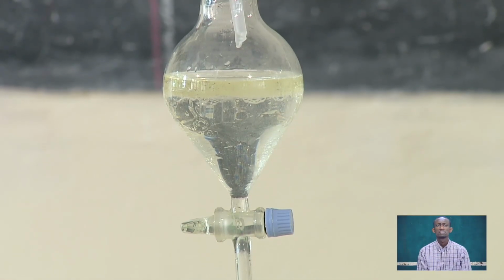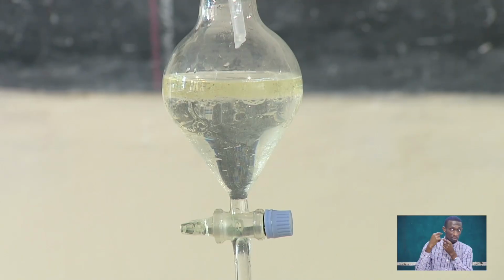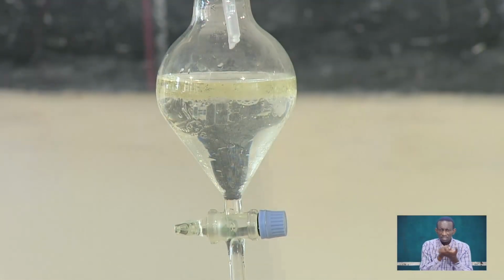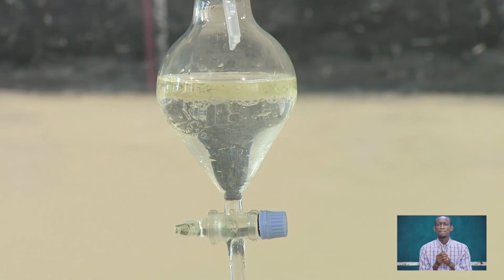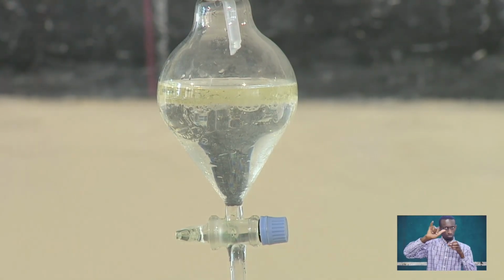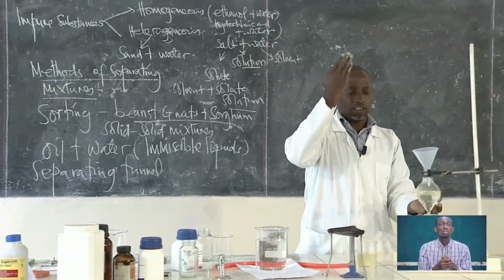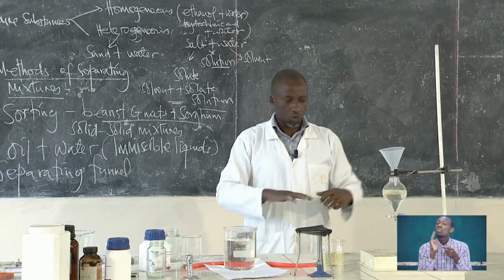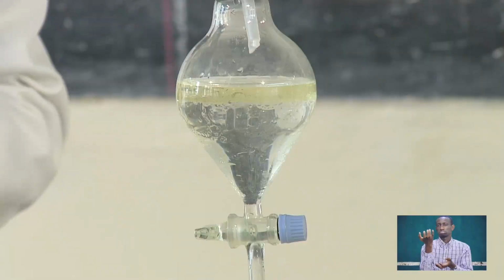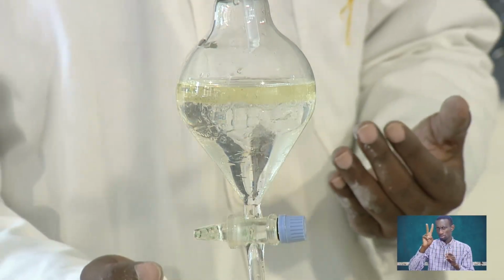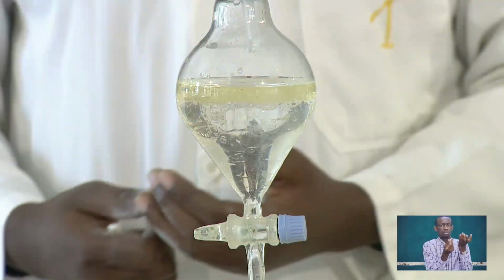For those who were present in the previous lesson, I hope you still remember. We said these mixtures are called immiscible liquids. The oil is less dense, and the water is denser. So we are using the principle of gravity, because the denser one goes down, and the less dense one goes up.